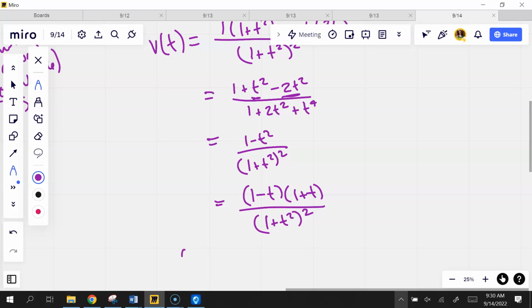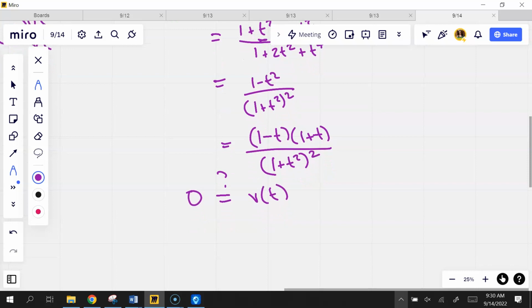So let's see. Where does it equal 0 first? So I'm looking at this. So for a fraction to equal 0, what has to happen? The top has to be 0. If the bottom's 0, what does that mean? Undefined, right? That doesn't make it 0. To make it 0, the top has to be 0.